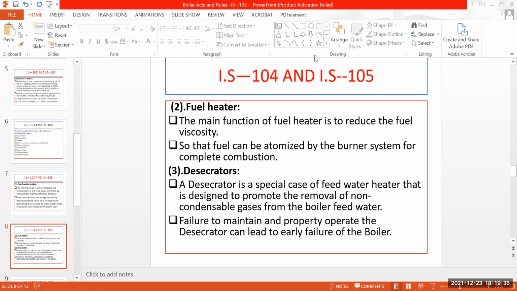Viscosity is a measure of the resistance. Ramesh, you can speak on the microphone. Just unmute yourself. Sorry, one minute.